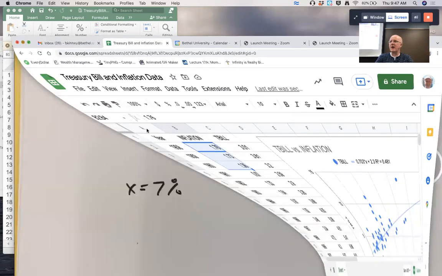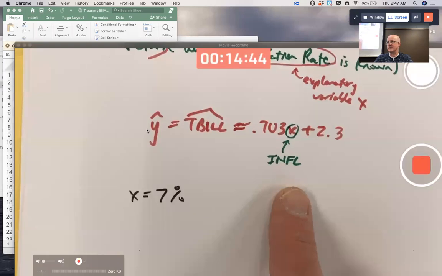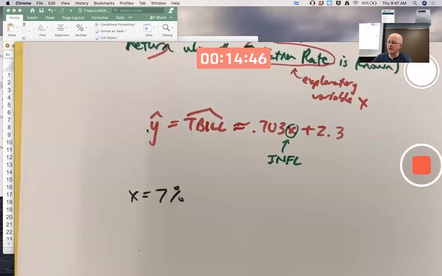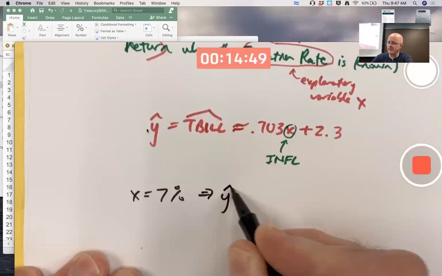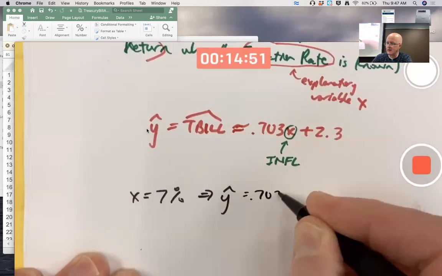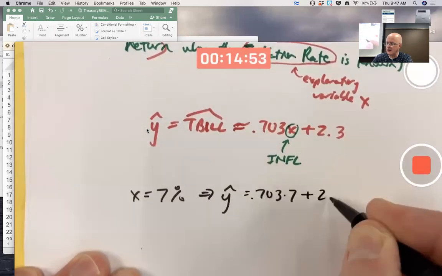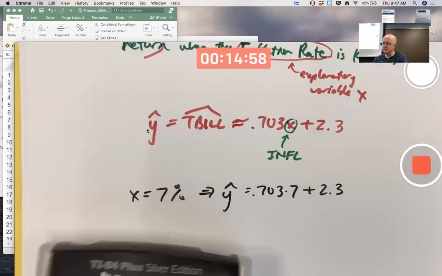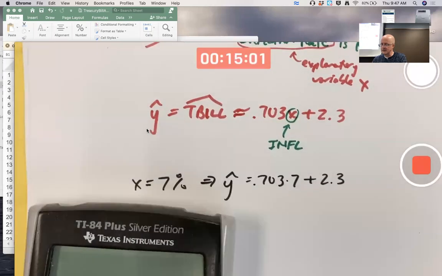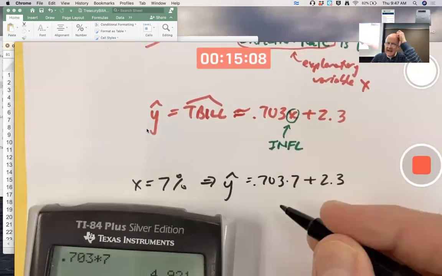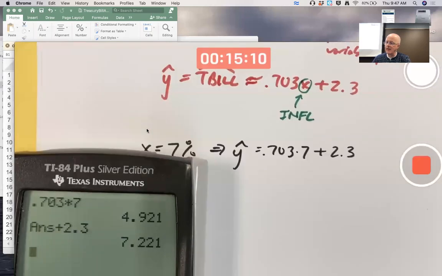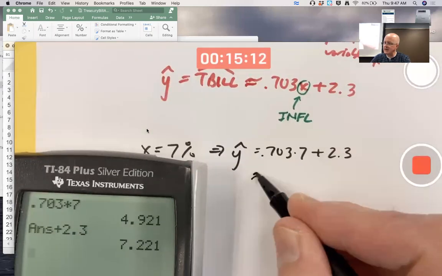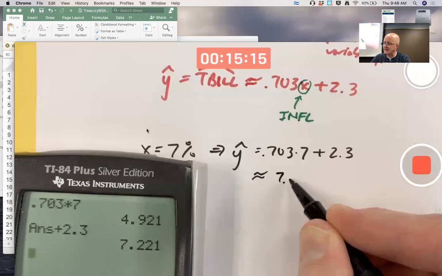So I do want to literally plug 7 into this equation, not 0.07. 0.703 times 7 plus 2.3. Based on past data, we would predict a Treasury bill return of 7.2%.